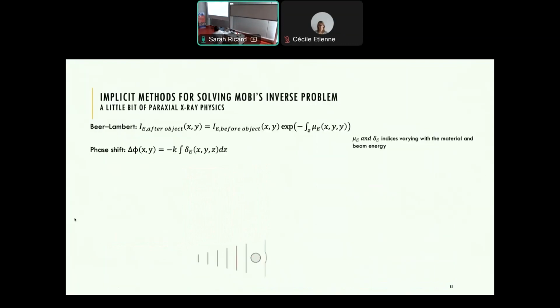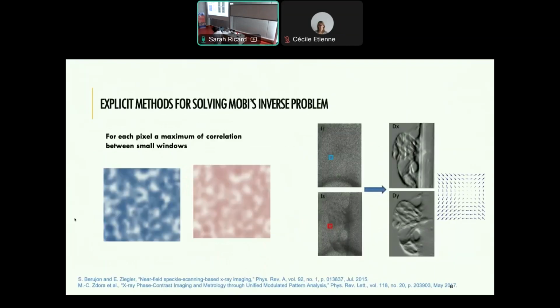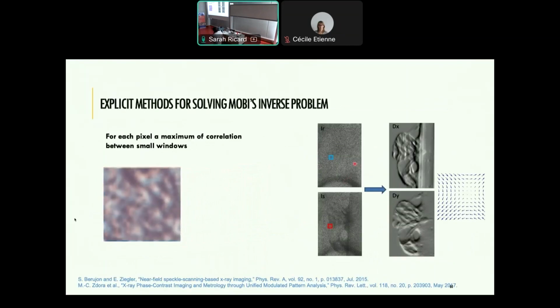And if we use such a beam, then we have everything. Refraction is directly this vector. Intensity is the difference of the beam that we have here. And the scattering is the standard deviation that we measure in the subset, compared with the standard deviation measured in the outer subset.